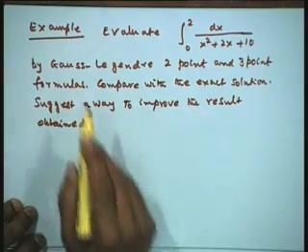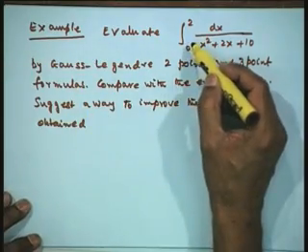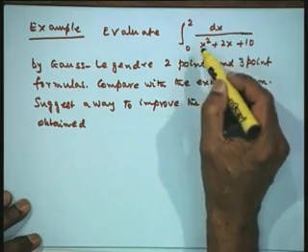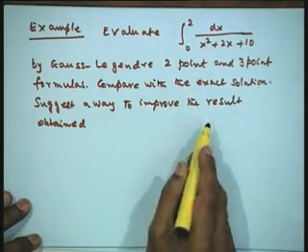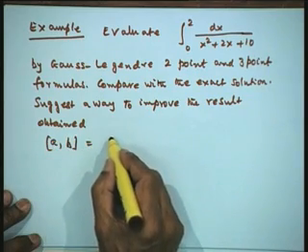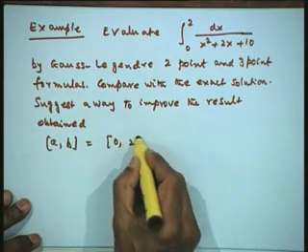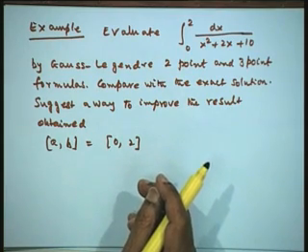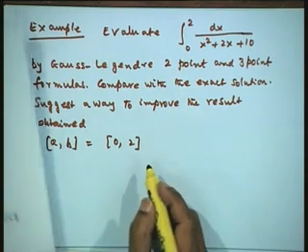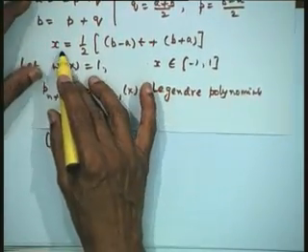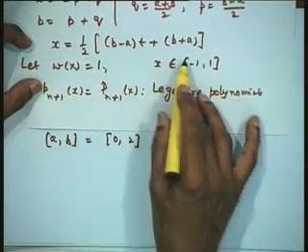Now, to apply the formula, we notice that the interval given to us is 0 to 2, that is a and b. So, we must first of all reduce it to minus 1 to 1. So, we have been given the interval a b is equal to 0 2. Now, this is always a linear transformation, therefore, I can straight away write down the transformation which reduces it to minus 1 to 1.